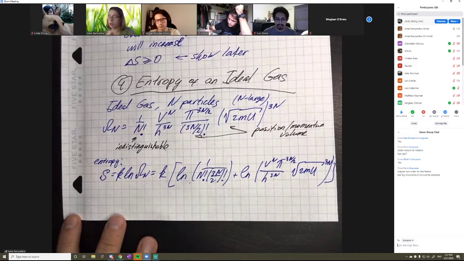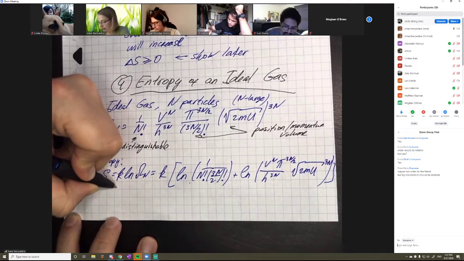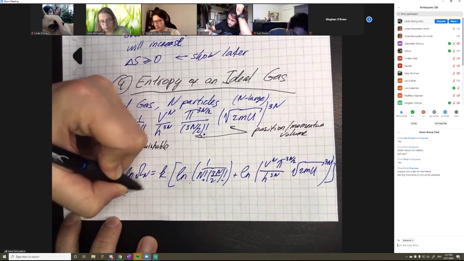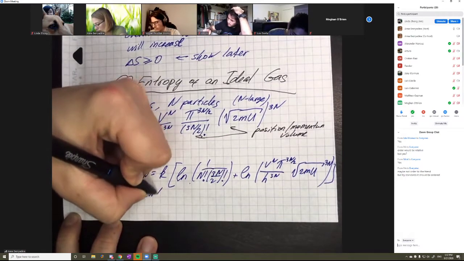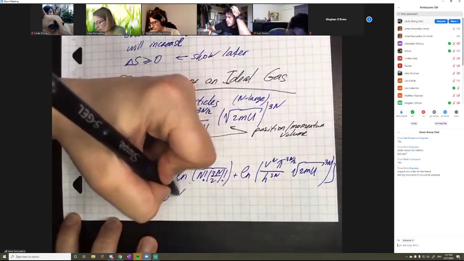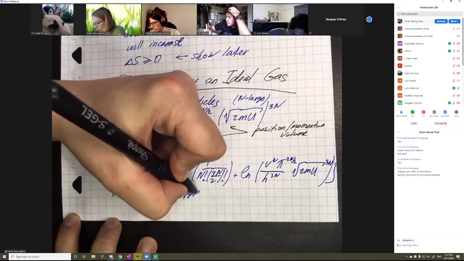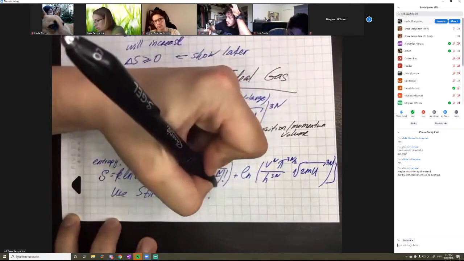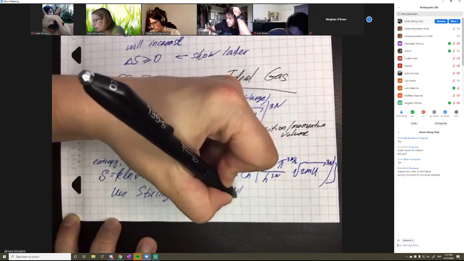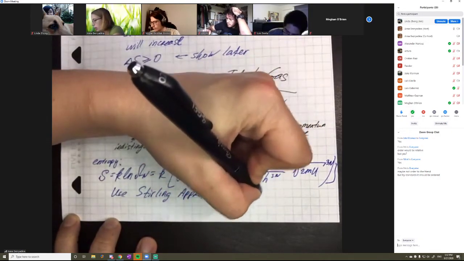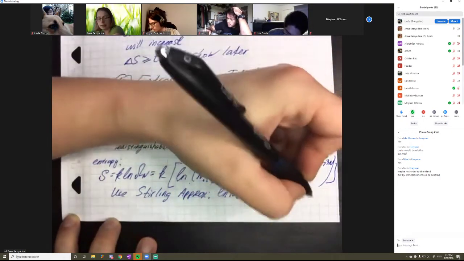And we will use the Stirling approximation, which says that logarithm of n factorial is roughly equal to n logarithm of n minus n.